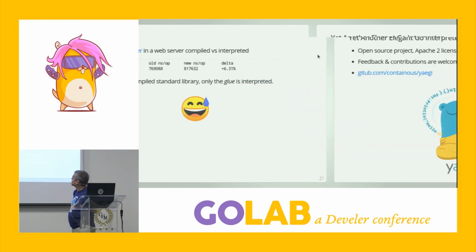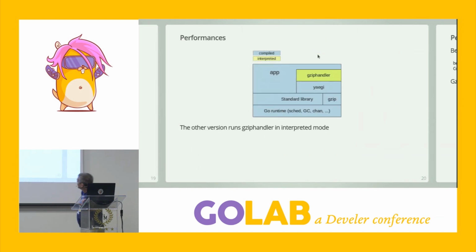The main reason is that the JZip handler is just glue code. It's just wrapping some logic around JZip, and JZip is the real thing which does the intensive computations. This package, coming from the standard library, is already compiled and already fast.